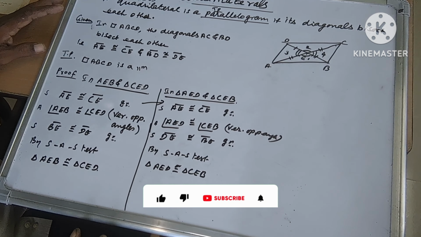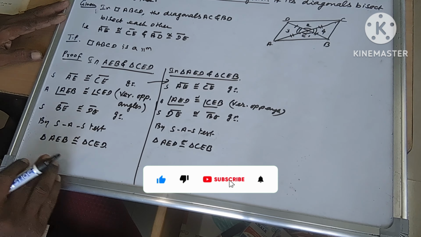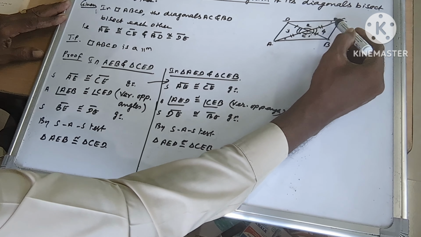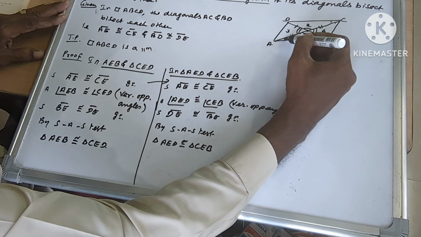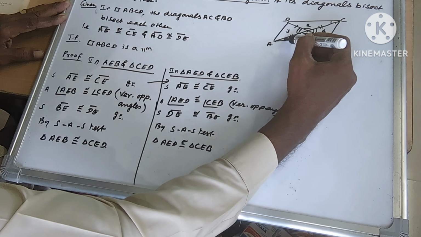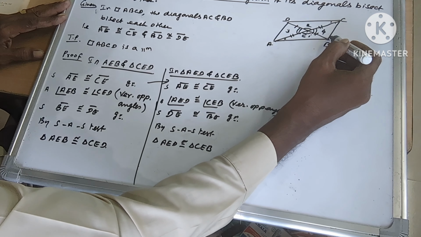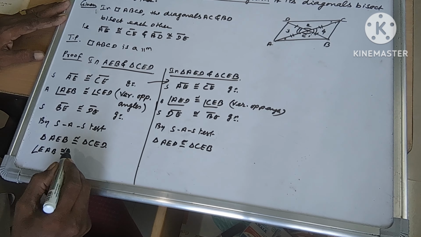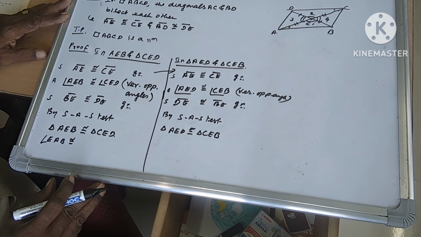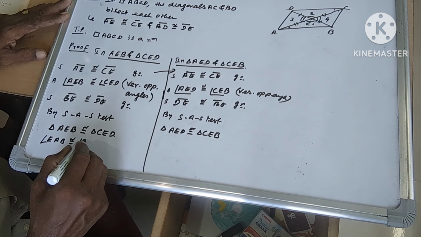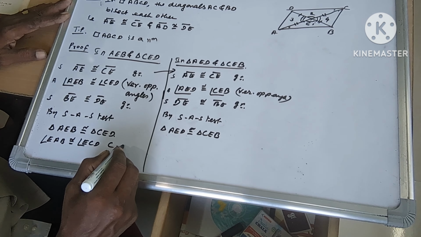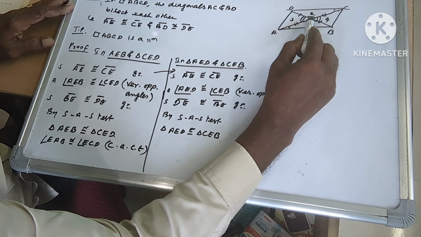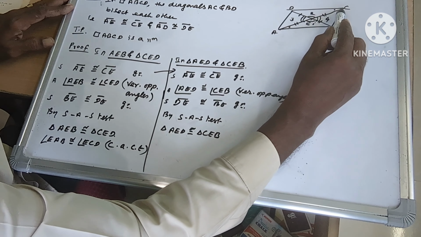If 1 and 2 are congruent, what will happen? The single dot angles are congruent by CACT, corresponding angles of congruent triangles: angle EAB is congruent to angle ECD.